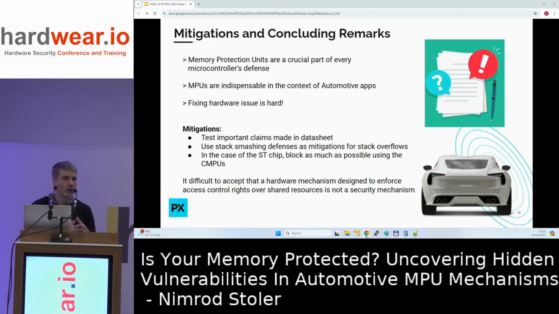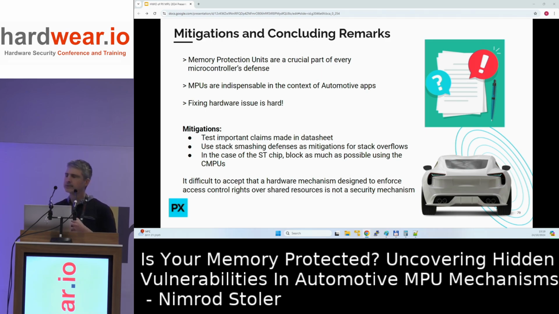This is another way of preventing buffer overflow vulnerabilities from becoming arbitrary code executions. And thirdly, only for the STMicroelectronics chip, use as much as possible the CMPUs, which are much harder to disable than the SMPU. And of course, we cannot say the same for the NXP, which uses the extended SMPU without CMPUs.